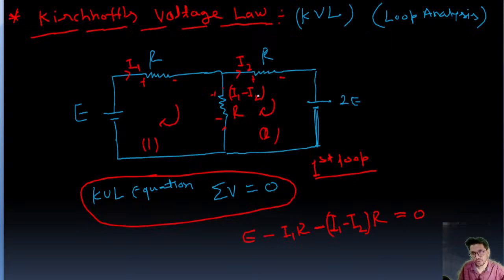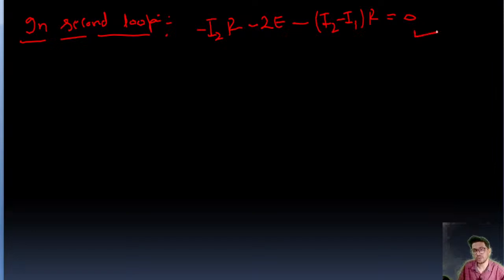But in the second loop, this is minus I1R minus 2E, because direction is from plus to minus, this is minus 2E, and this is going to be I2 minus I1. In the first loop it will be I1 minus I2, and in the second loop it is going to be I2 minus I1 equal to 0. This is how we make the loop equation.